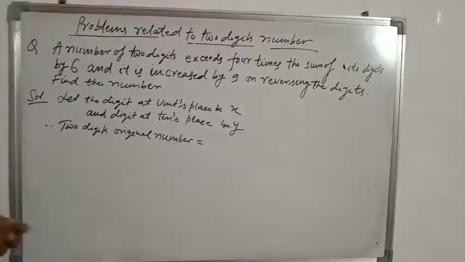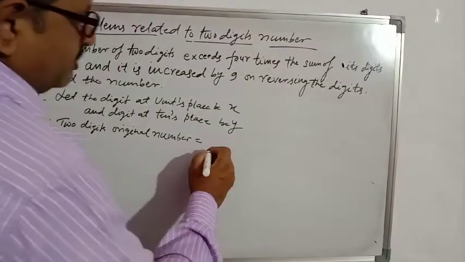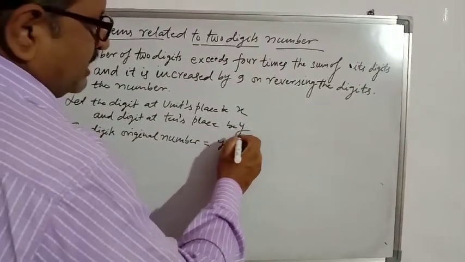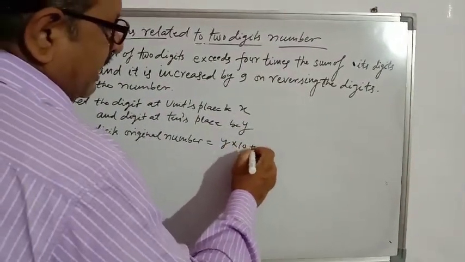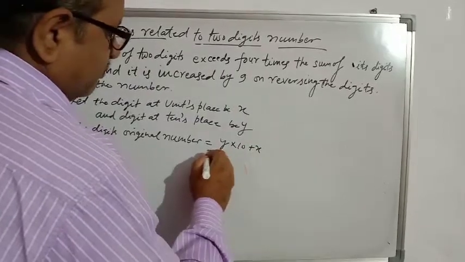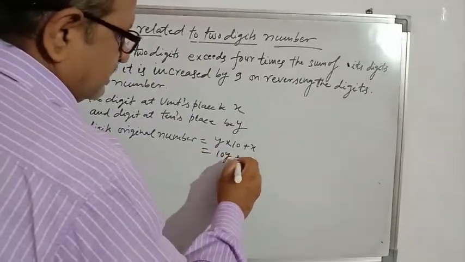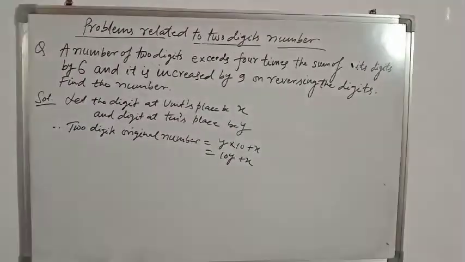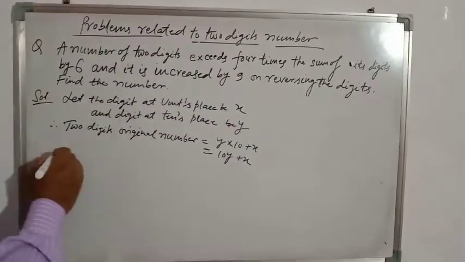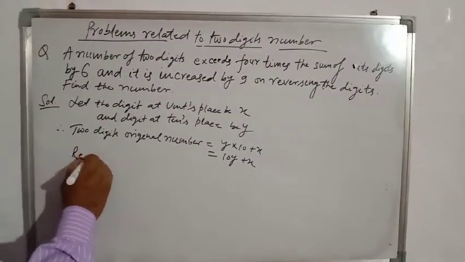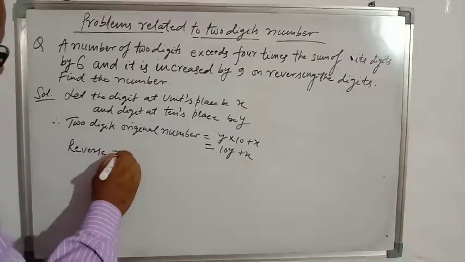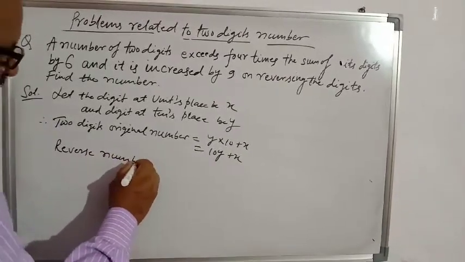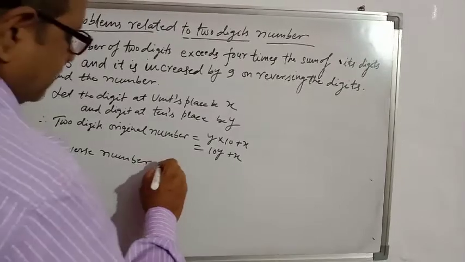So how can we make the two-digit number? I have told you we will multiply the tens digit by 10 and add the unit digit, meaning 10y plus x. This is the two-digit original number. And what is the reverse number? How will we get the reverse number?